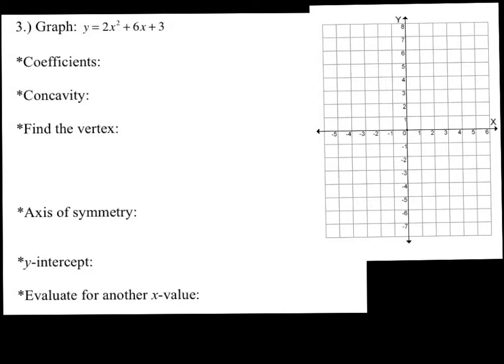So your coefficients here, A is going to be 2, B is 6, and C is 3. Okay, how does it concave? Well, if you're looking at A, 2 is your A, and 2 is greater than 0. It's positive, so it should concave up.